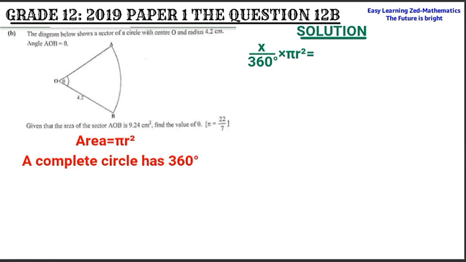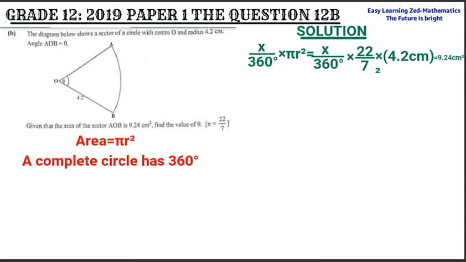I'm going to write x over 360 degrees, multiplied by the pi, which we are told to use as 22/7, so times 22/7, and then multiplied by the radius, which is given as 4.2 centimeters squared. Then equal to the total area we are told, which is 9.24 centimeters squared. That is the area of that sector.